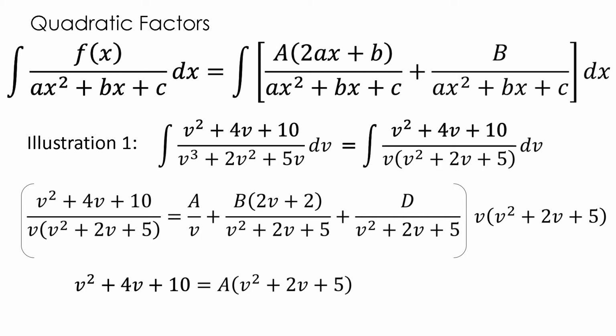And for the second term, v squared plus 2v plus 5 cancels out. So we will be getting here plus B times v times the quantity 2v plus 2. For the third term, v squared plus 2v plus 5 cancels out. So we simply get plus Dv.